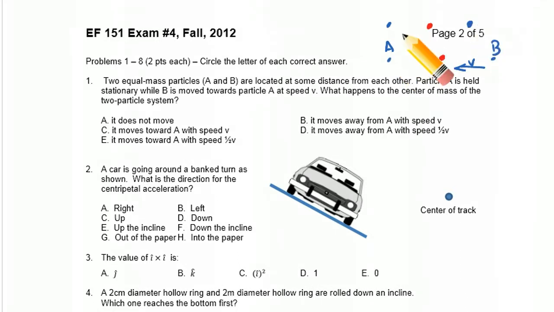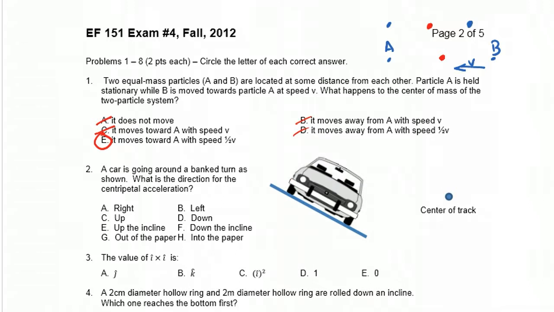So its location is the total distance divided by 2. So the answer is it does move. It moves towards A with speed v is wrong. It moves towards A with speed 1/2 v. The center of mass is not moving away. So E is our first answer.